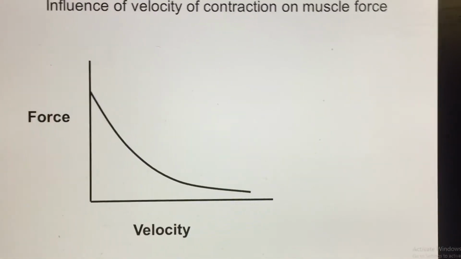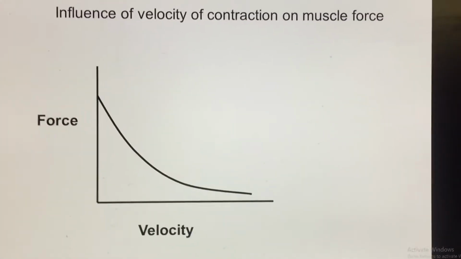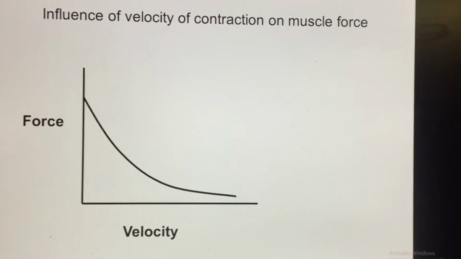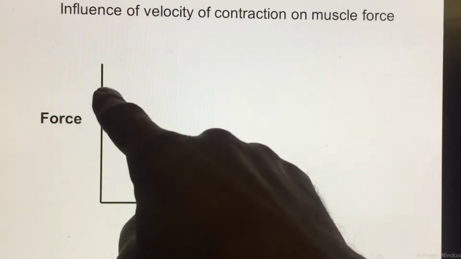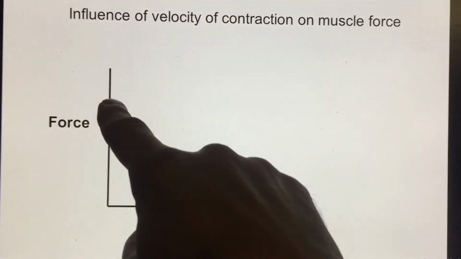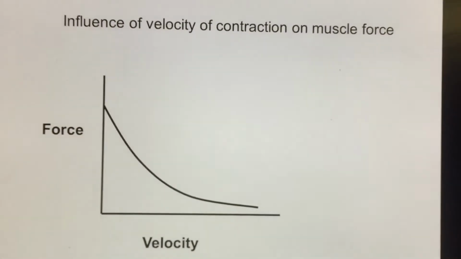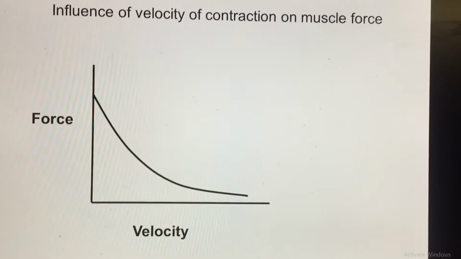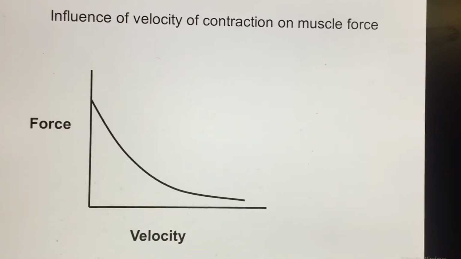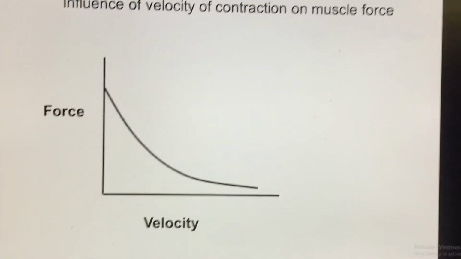And one thing I should mention about this force velocity curve, and this applies to one of the questions on your lab, is that the point where you have zero velocity and very high force is called isometric contraction. So isometric because your muscle's not changing length.